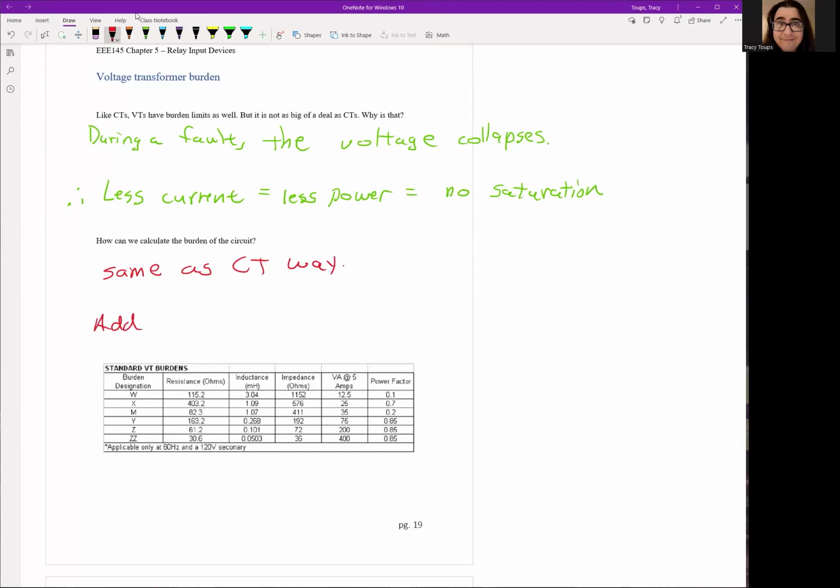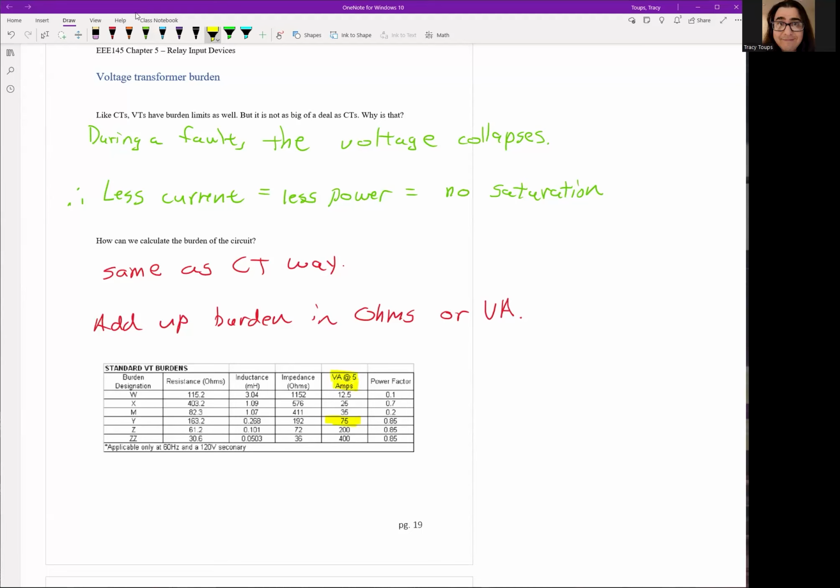Add up the burden in ohms or volt amperes. The only time the burden will really make a difference is if you overload it under normal conditions, right? So here you'll have, let's say, 75 volt amperes at 5 amps.